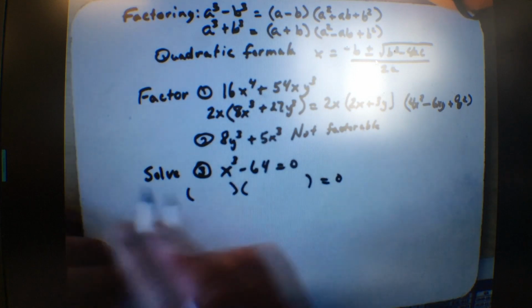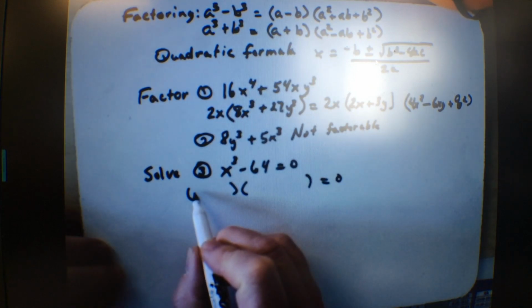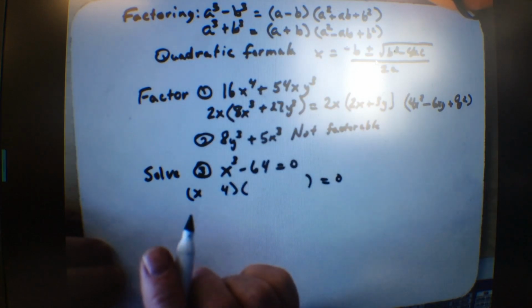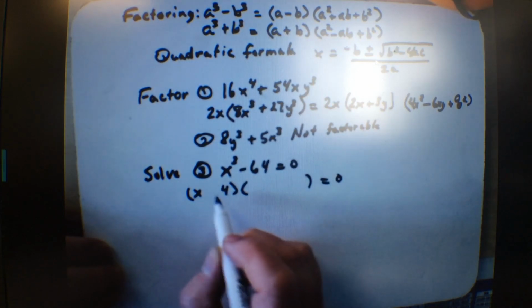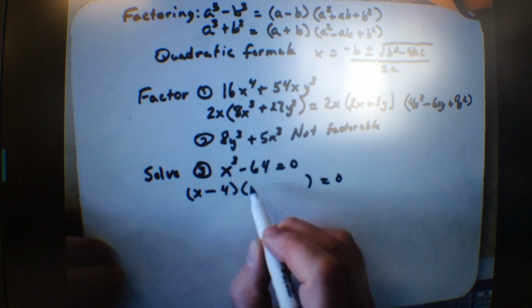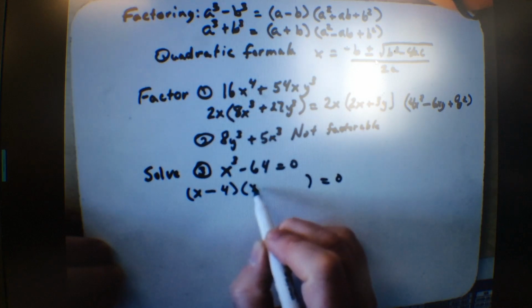All right? What is here? And here? 4. The cube root of 64 is 4. What sign goes in the middle? Minus. Okay. What's this term, the first one of the trinomial? X squared.